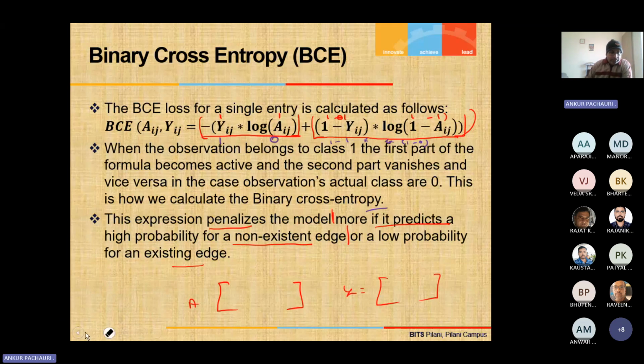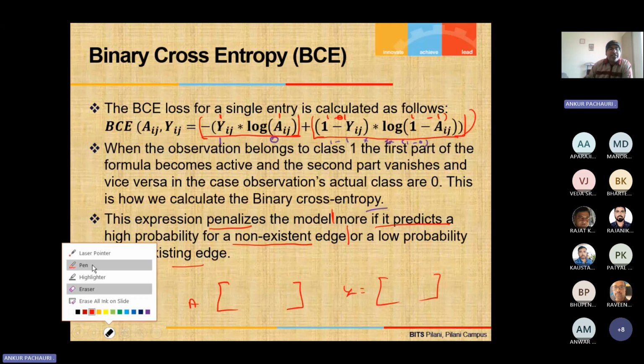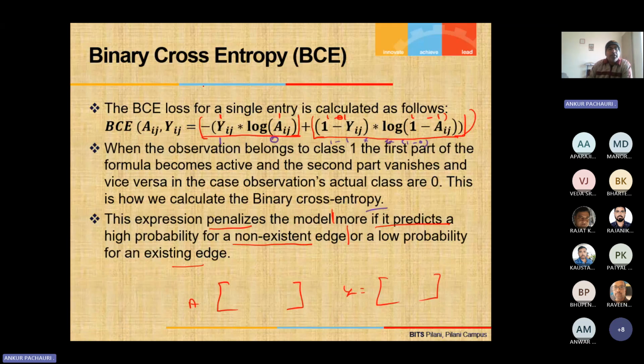Now to make it easy, let us consider it to be a number. Suppose i equals 5 and j equals 7. So this is the i and this is the j, A57, this entry I'm talking about.